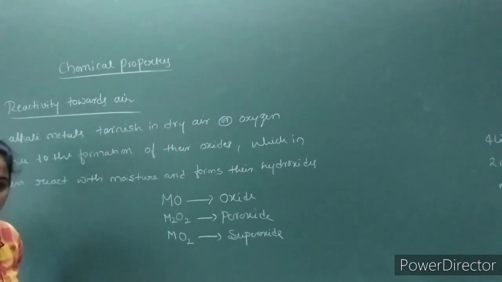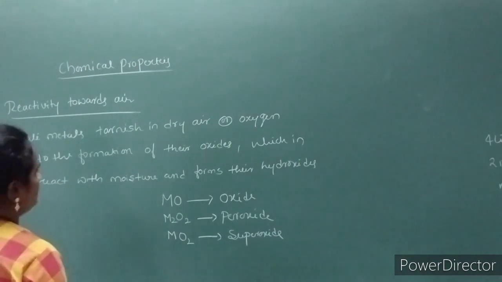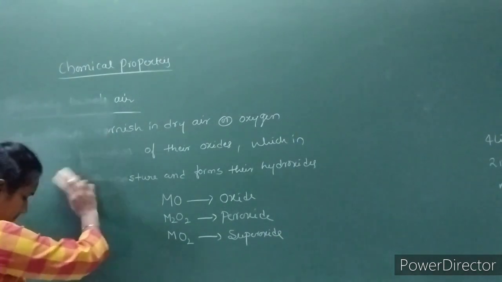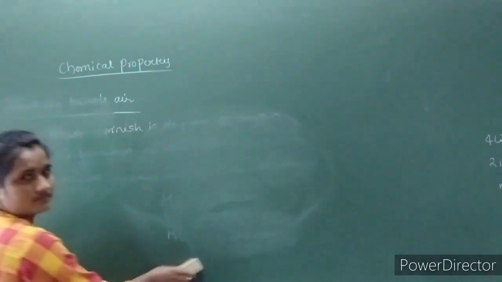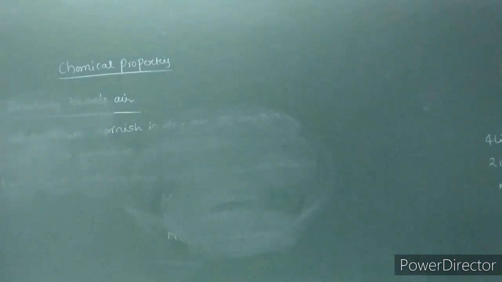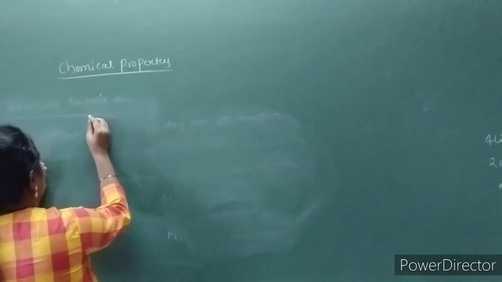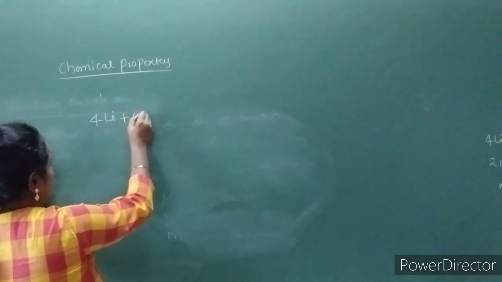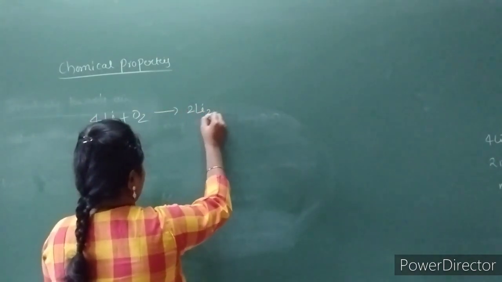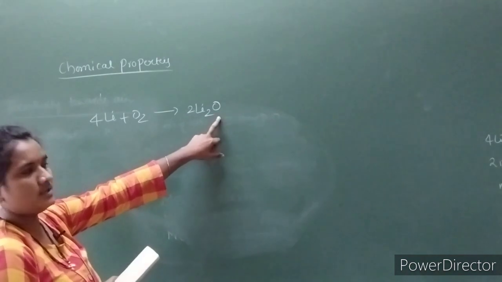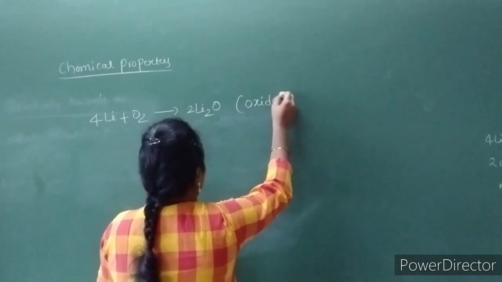And usually in all these, the oxidation state of alkali metals is +1. So I will write this. Lithium, if exposed to air, will give lithium oxide. Only one oxygen is there, so it is called lithium oxide.